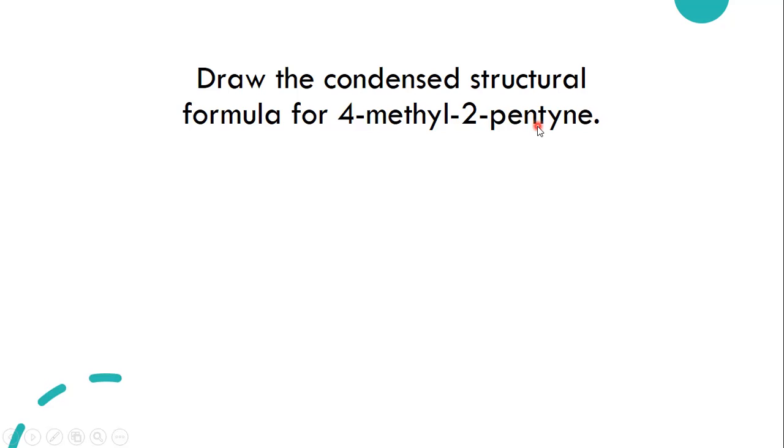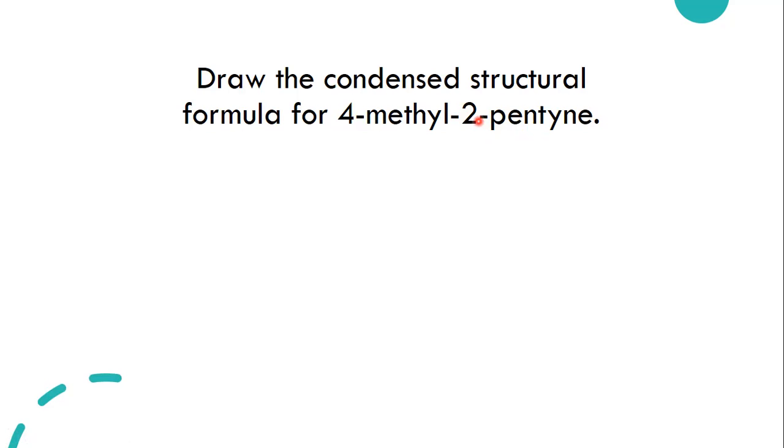It gives us the idea that the carbon group, pentyne, has 5 carbons in its backbone. Then, the triple bond is found on the second carbon.